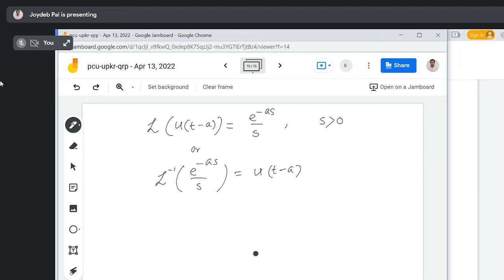Actually what is happening is that in the directory of this Laplace and Laplace inverse, we are adding new types of functions. Chapter to chapter we are adding new types of functions.